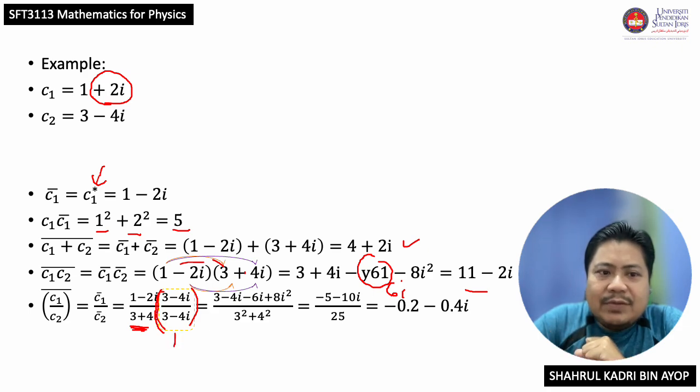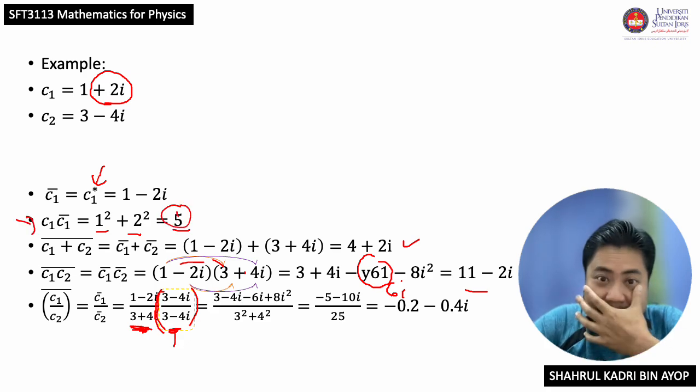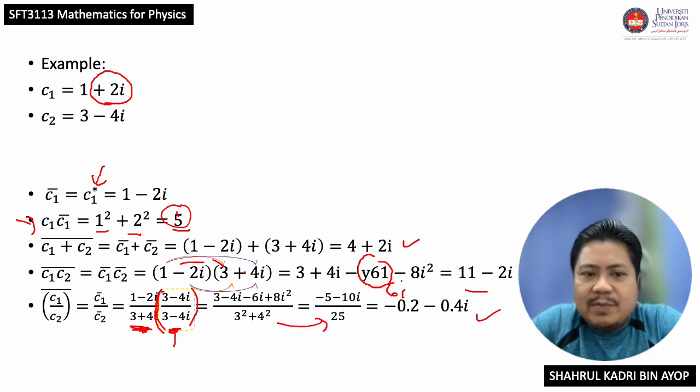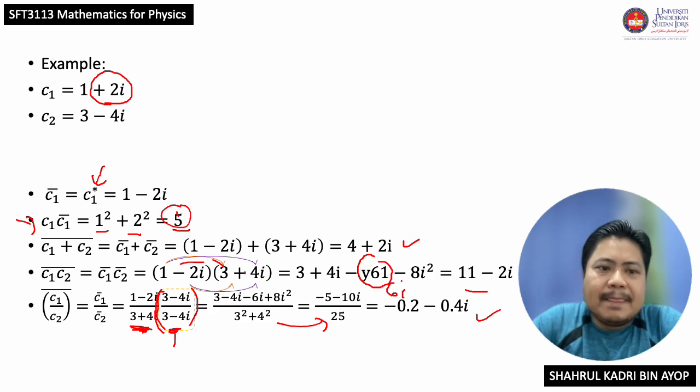Then you multiply the bottom term with its conjugate, because the multiplication of that will give you a real number. That's why we use this strategy. Then we get 25 here. Finally, you will get the standard form of a complex number.